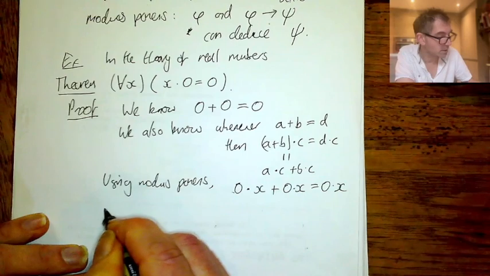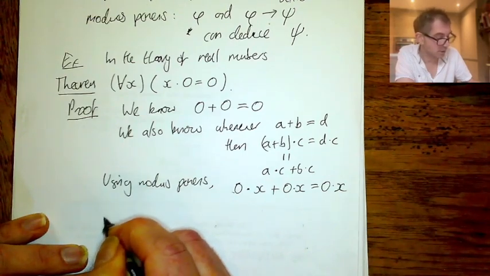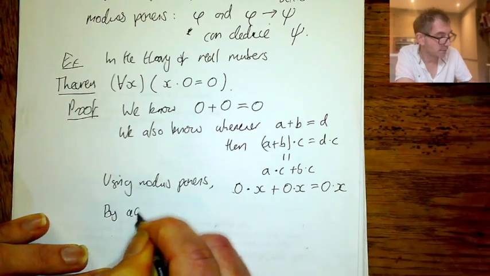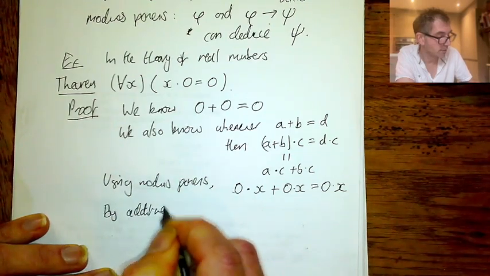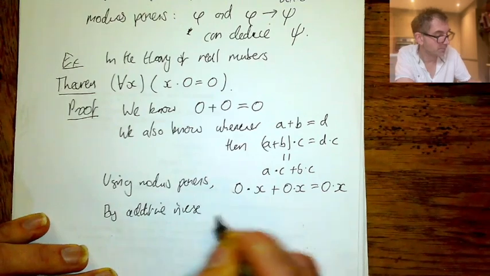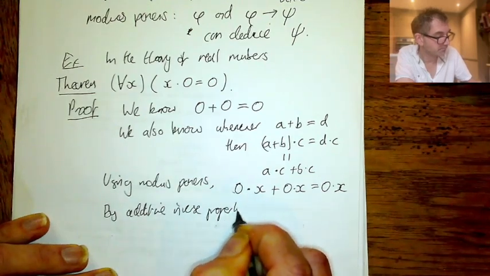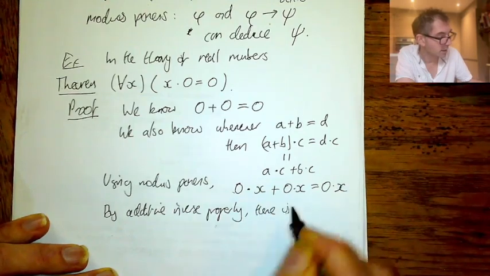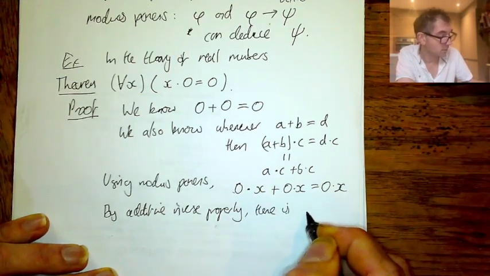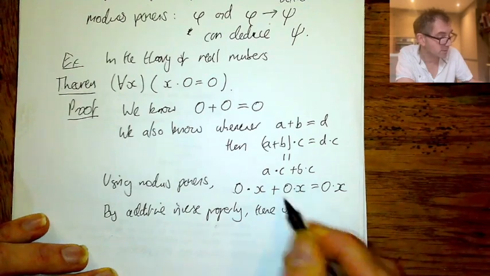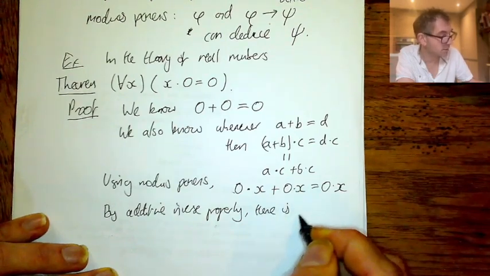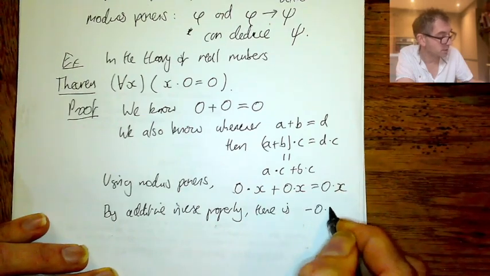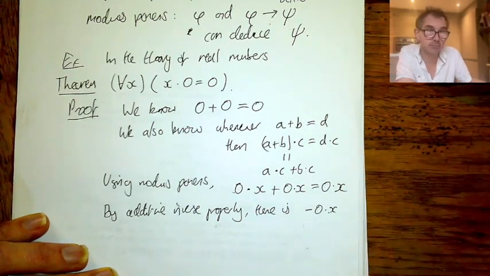Okay, now I'm going to use another property. So by the additive inverse property, there is some number, minus 0 times x, as some real number.